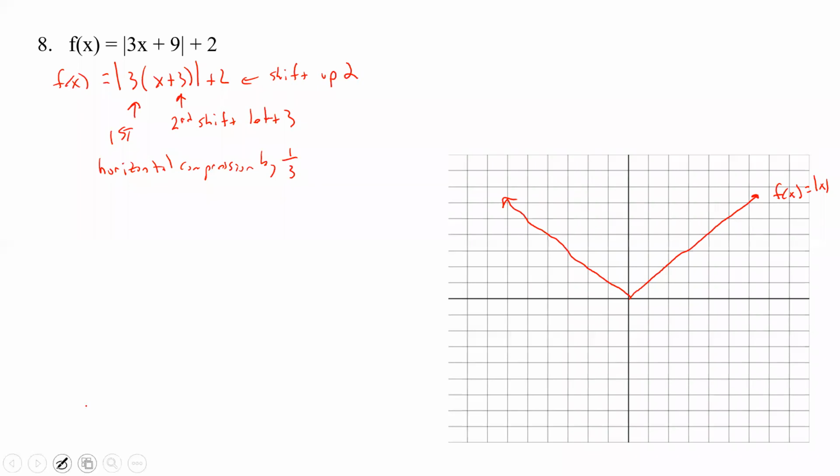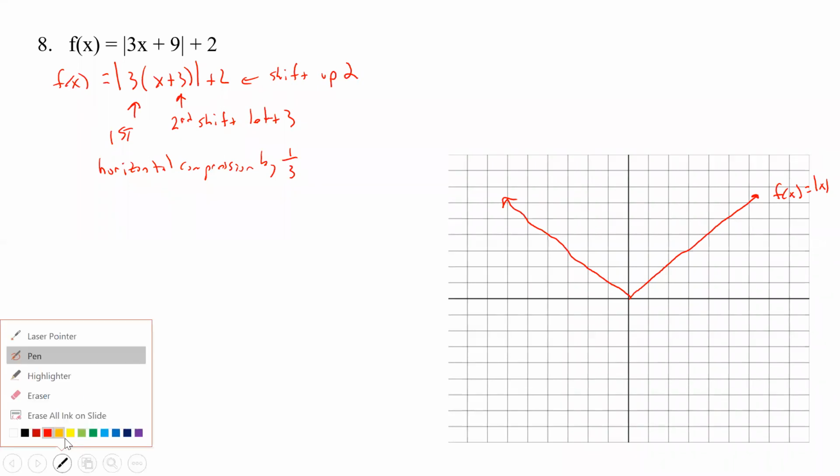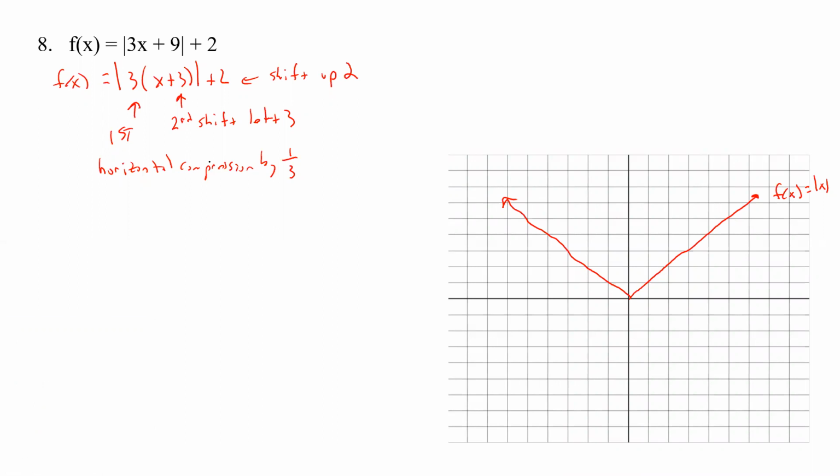Okay, so now let's change our color. Let's do a black this time maybe. So first we're going to compress by 1/3. And so when we do that, we're moving everything in by 3. So, you know, factors of 3, 1, 2, 3. So that goes in by 1/3, so it goes to 1.